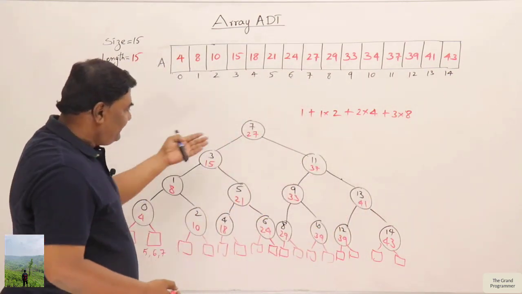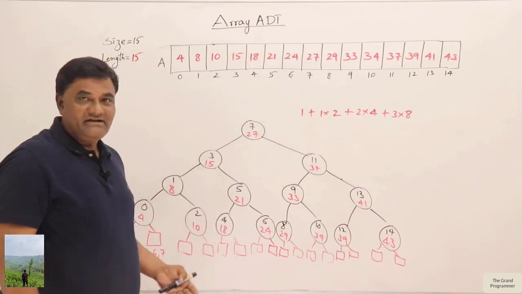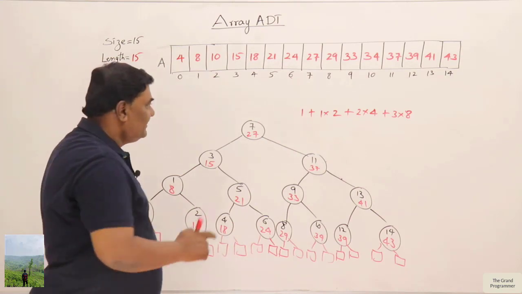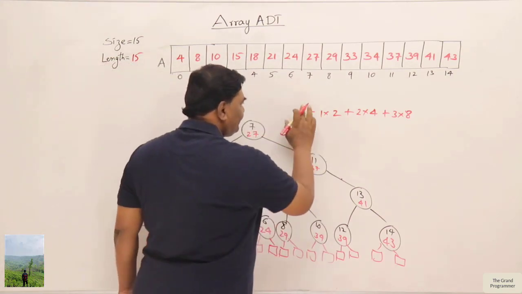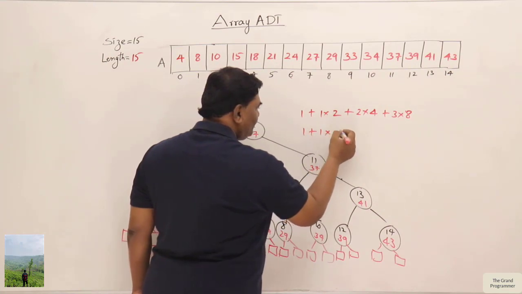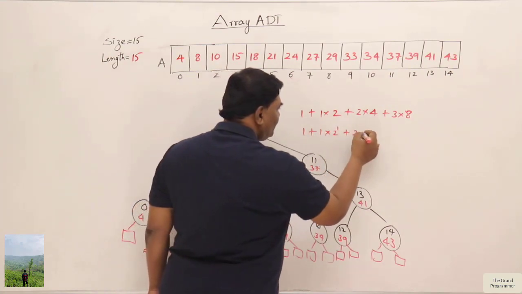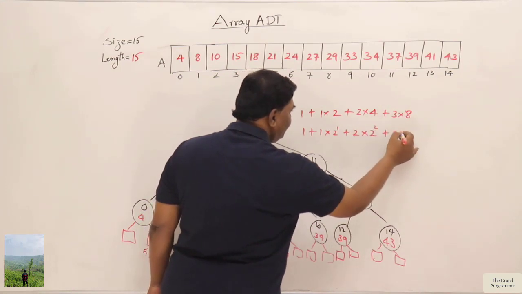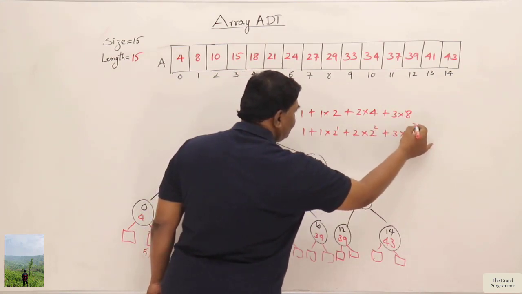So for 15 elements we have taken an example, but we have to give it in terms of n elements, whatever the number of elements may be. If we observe this, it can be written as 1 plus 1 into 2 power 1 plus 2 into 2 power 2 plus 3 into 2 power 3.